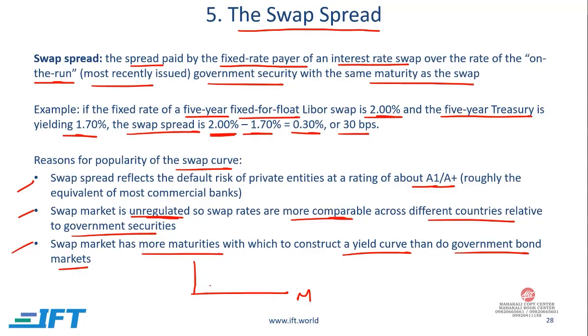But with the swap market, given the higher usage and liquidity, it's relatively easy to find actual swaps with different maturities. So coming up with the swap curve is easier and requires less interpolation relative to coming up with a curve for government securities.